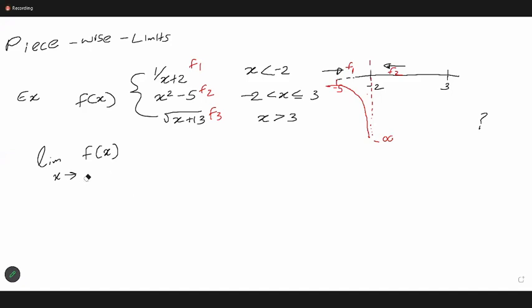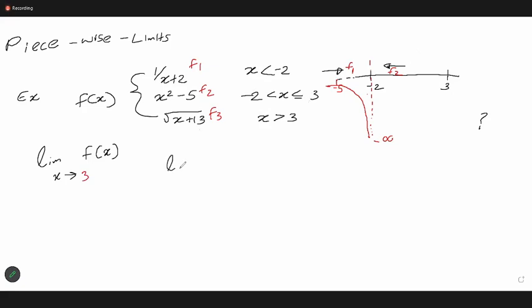Now, what is the case? We have to consider the limit at positive 3, right?